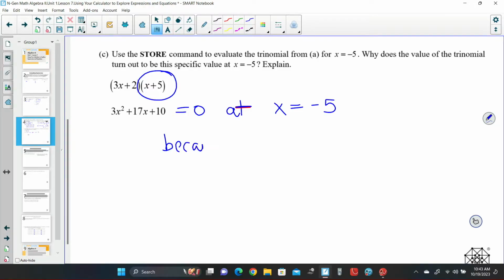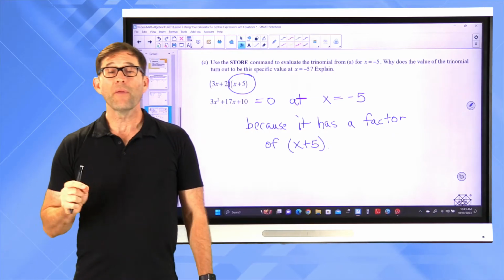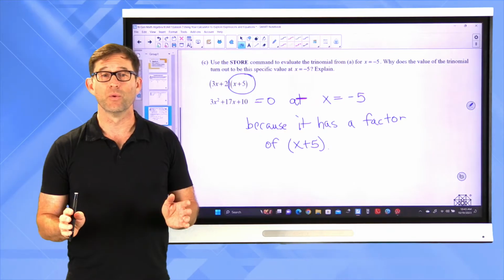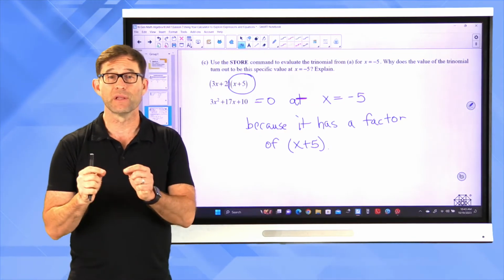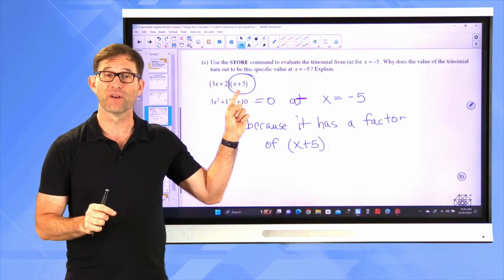That's because it has a factor of x plus 5. Throughout this course, one of the big pictures in Algebra 2 is going to be to truly understand the link between the zeros of an expression and the factors of an expression.